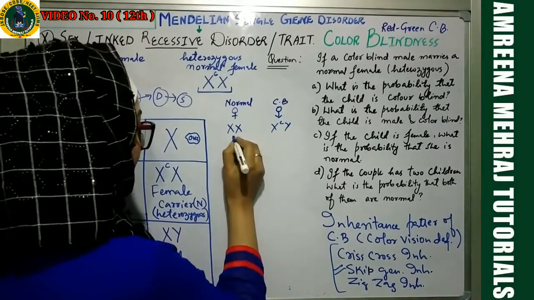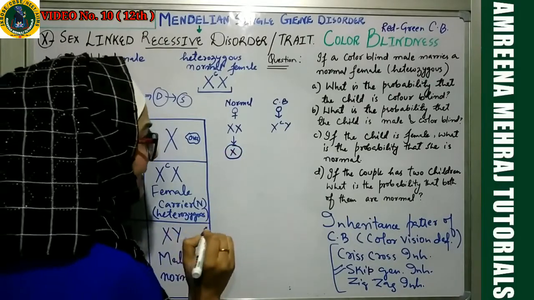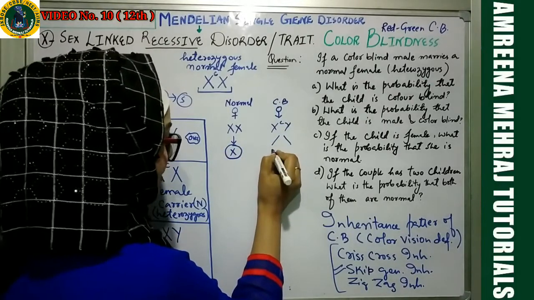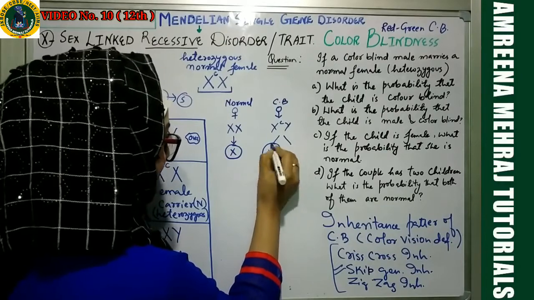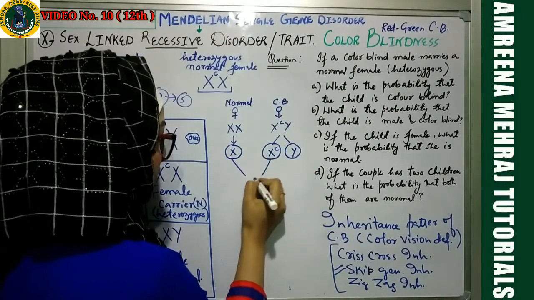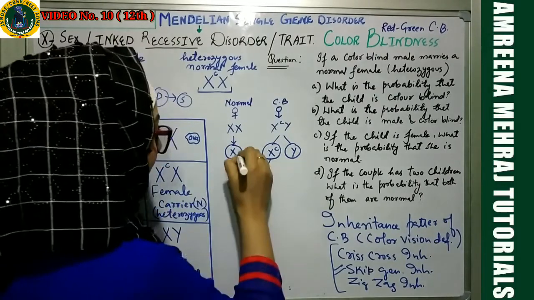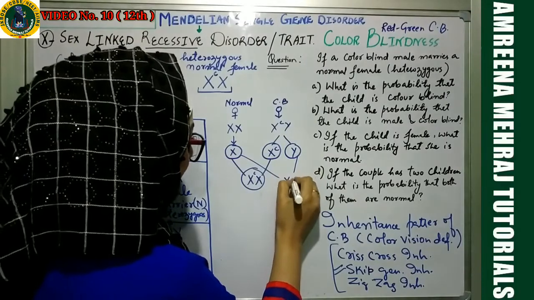So they marry, she'll be able to produce normal gametes carrying X. Father will produce 2 types of sperms, one carrying defective X, another carrying normal Y. What is the probability if this and this fuse? We'll have the girl, and if this and this fuse, we'll have the boy.